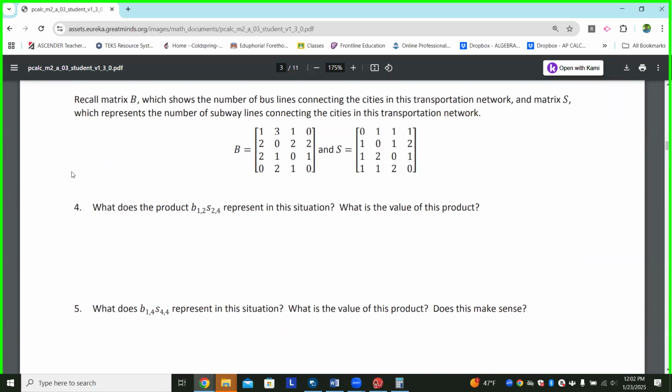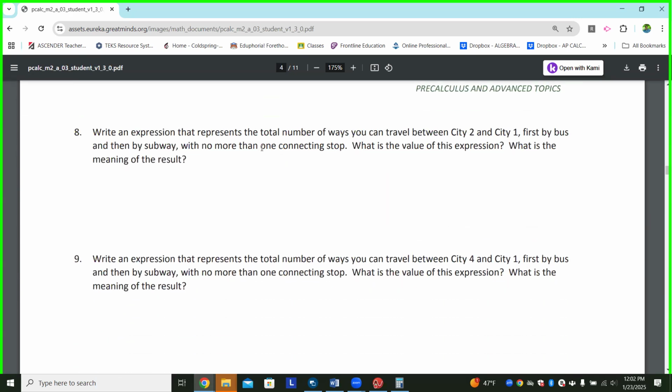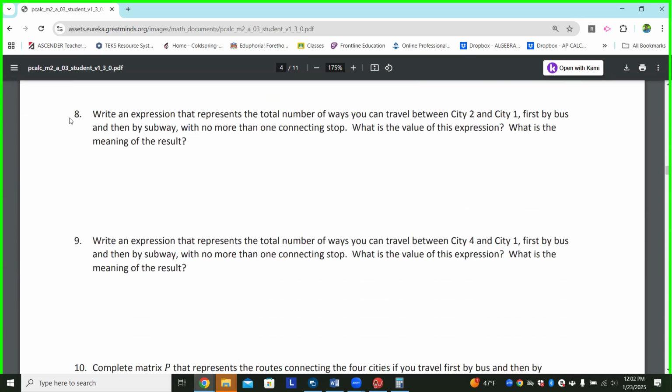So if I'm going from city 2 to city 1 by bus, I look at row, then column. City 2 to 1 tells me I need to go from row 2 to column 1. How many options were there? 2. All right, so when we're building our expression, instead of writing the number, we just write the expression. It will be a lowercase b to represent the capital B buses, and you would just do 2, comma 1. That represents whatever that element is.